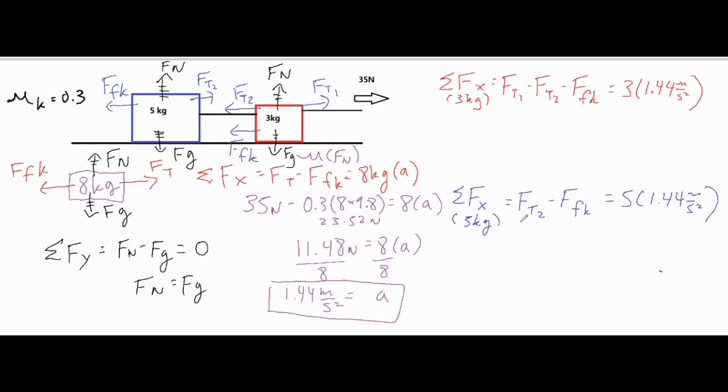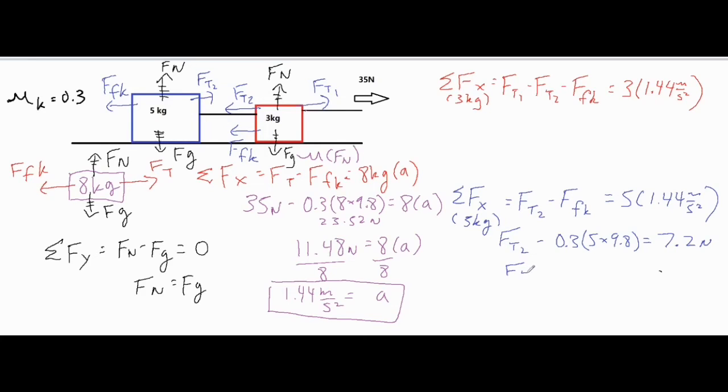So let me go ahead and solve for FT2 down here. So that's our main unknown variable, and then we're going to subtract the force of friction, which is the mu times the normal force. Remember, the normal force is the same as the Fg, which is mass times 9.8. And that equals mass times the acceleration, which comes out to about 7.2 newtons.